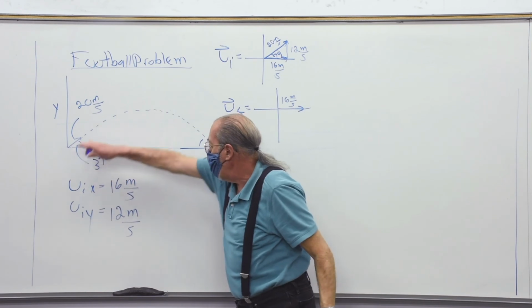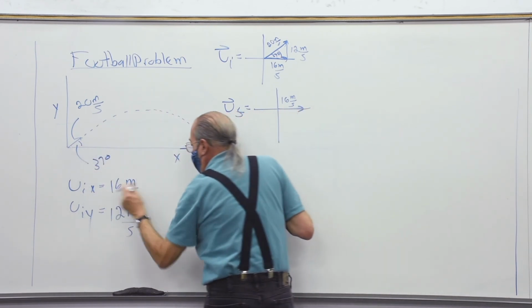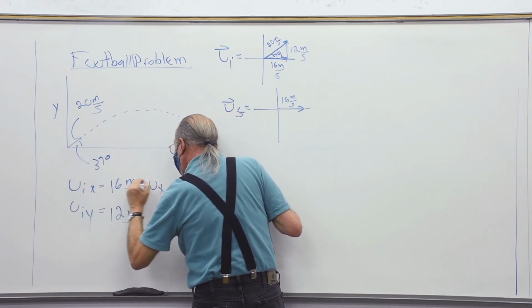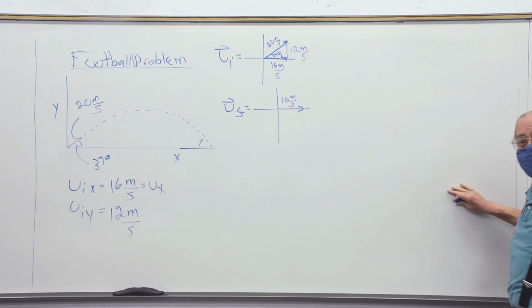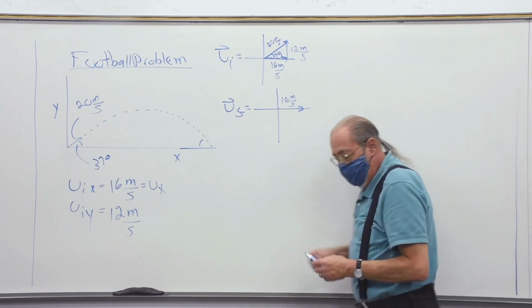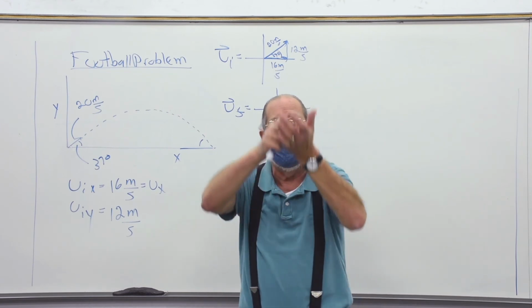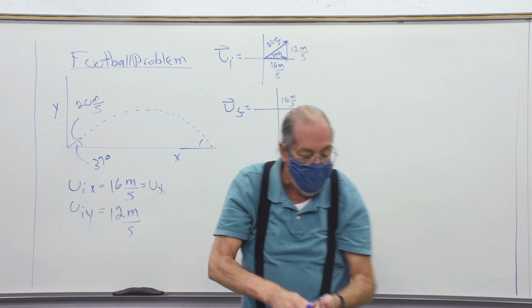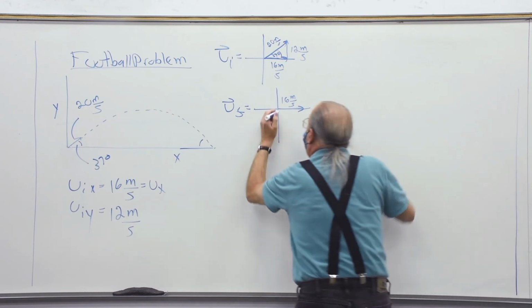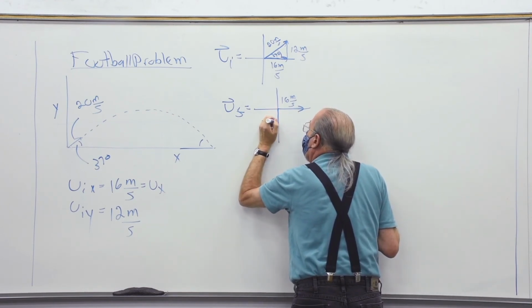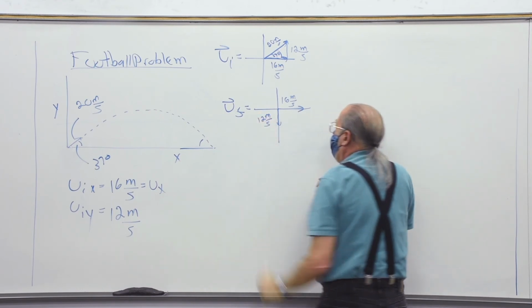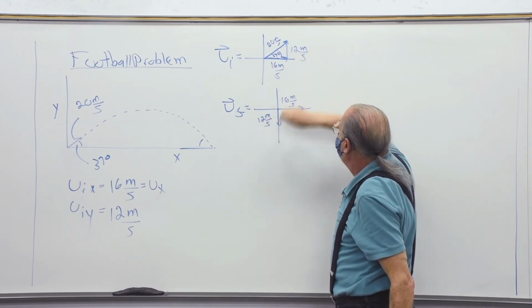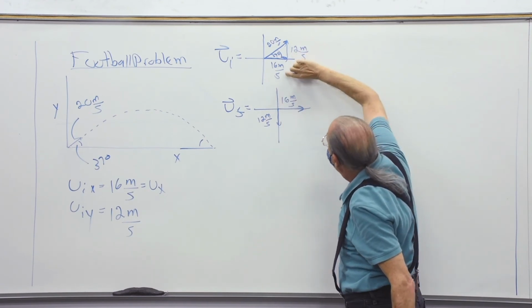There's no acceleration horizontally, so it always goes 16 meters a second horizontally the entire time. Meanwhile, it's going upwards at 12 meters a second, and then it comes down, and I proved that when it comes back down in vertical motion, the speed is the same, but it has reversed direction.